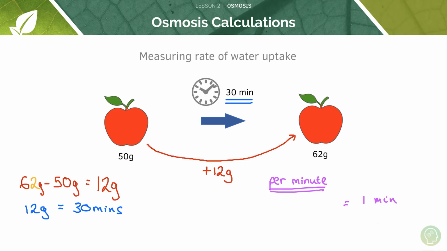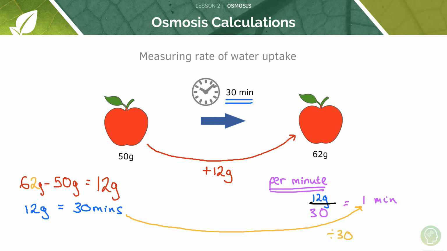Okay, so what I would then do is 12 grams over 30. Do you see my logic there? To go from 30 minutes to 1 minute, I'm dividing by 30.